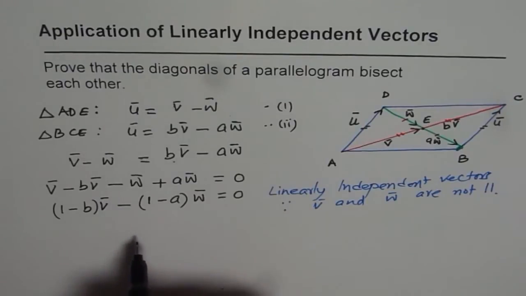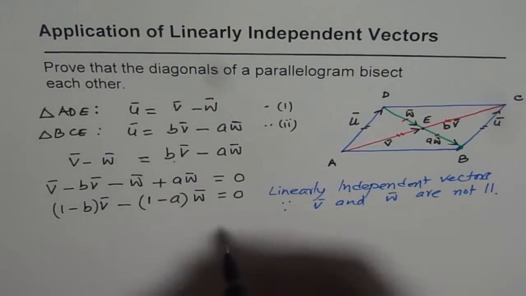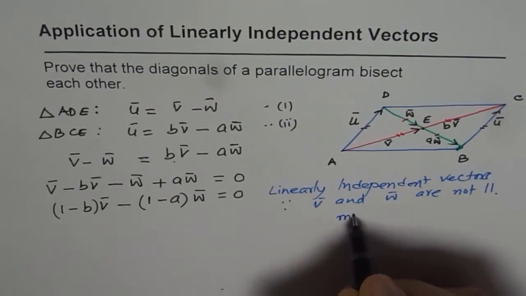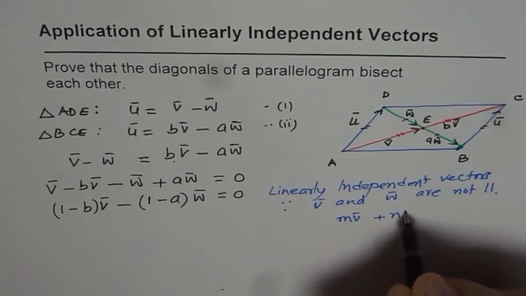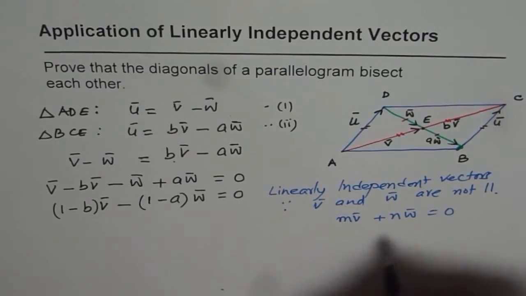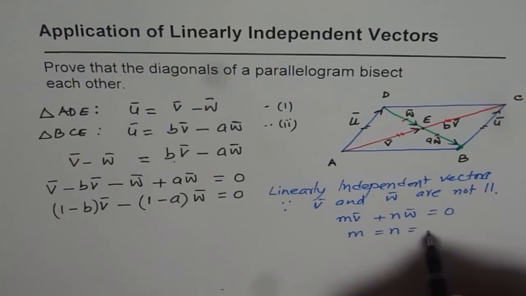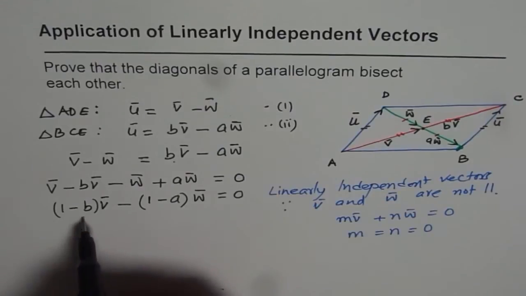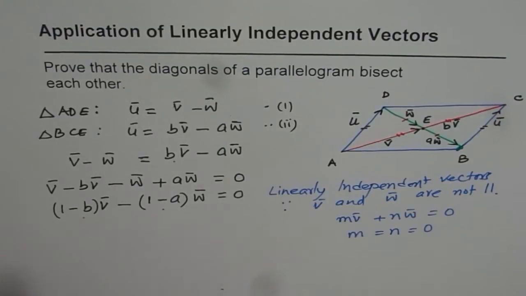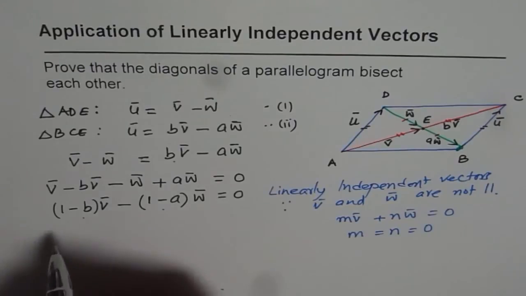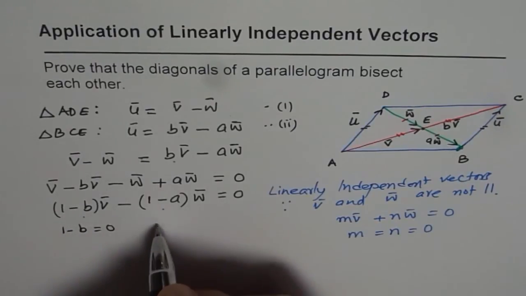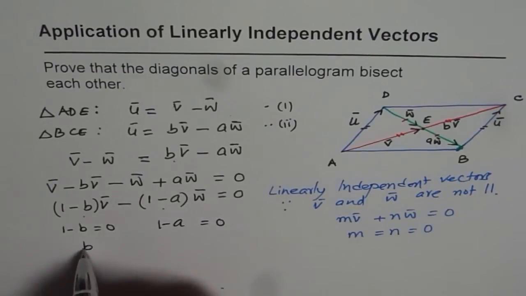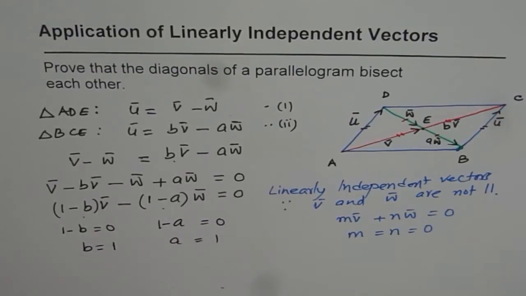Secondly, since this is a scalar combination, this could be only true if the coefficients are 0, right? So in general, we have, let us say, m times v plus n times w equals 0. This equation is true only if m equals n equals 0, right? So, since they are linearly independent, the coefficients should be 0. And therefore, we get 1 minus b equals 0 and 1 minus a equals 0. That gives us b equals 1 and a equals 1.